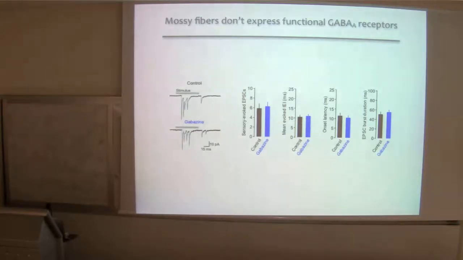And we find that it doesn't affect the number of EPSCs, or the spacing between the events being released. The latency to onset doesn't change, or the actual burst duration. So to all intents and purposes, blocking GABA receptors has not changed the mossy fiber to granule cell transmission, but it does change the excitability of the granule cell, and you get many more spikes out.